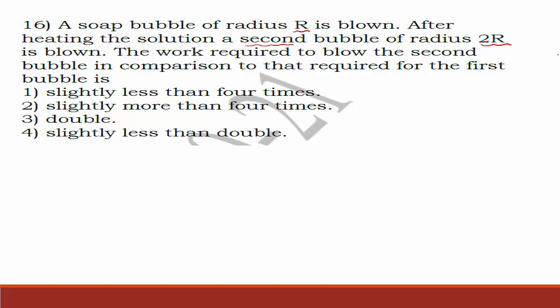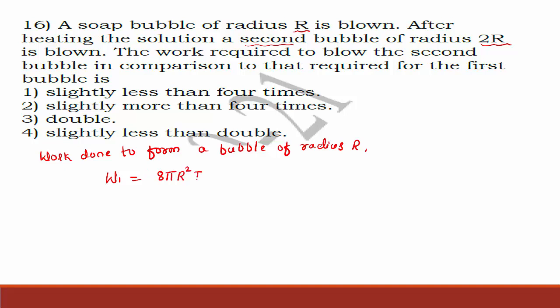So I am going to use the work done to form a bubble of radius r. This is for the first case. I have the direct equation. For the first case, I can write W1 is equal to 8 pi r square T1.